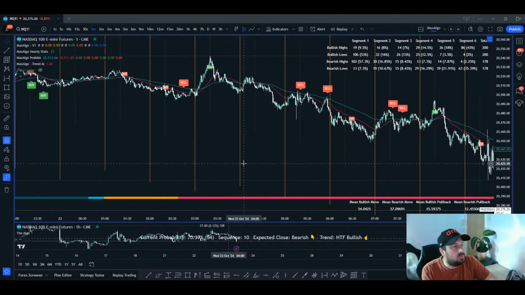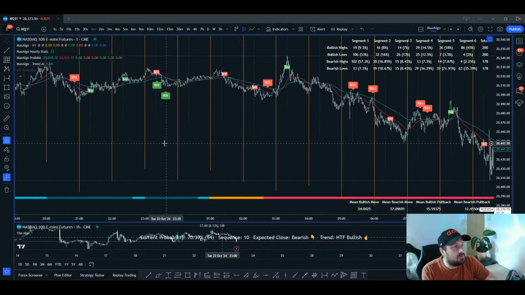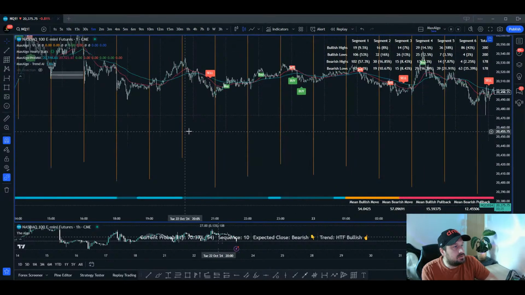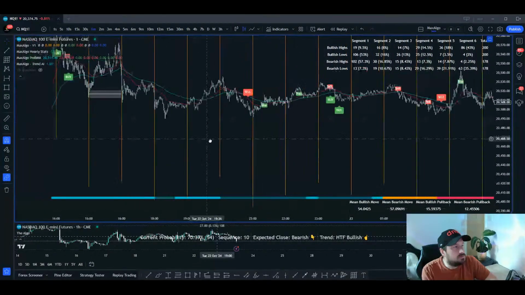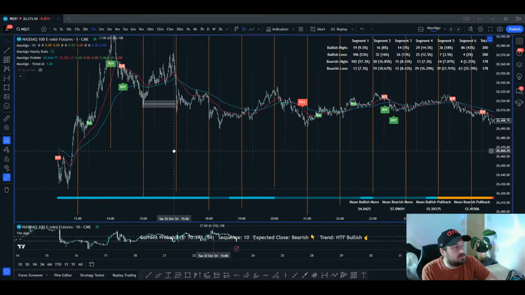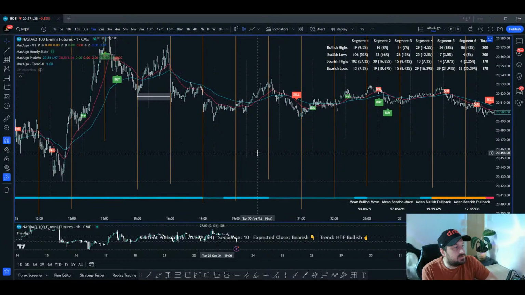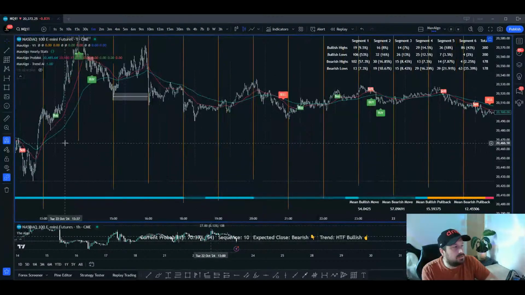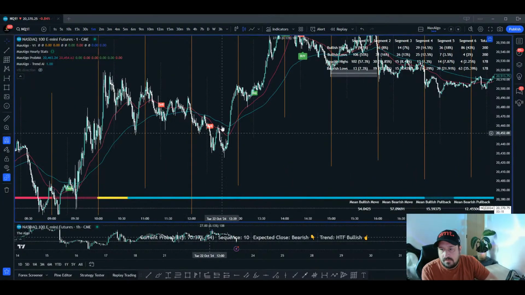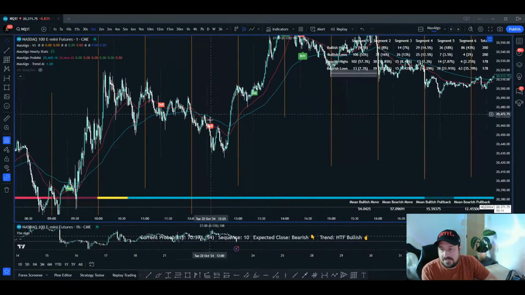Obviously, these don't happen all the time. Very strong moves. Right, well, this is a strong move at the end, but here in this hour, this was the sequence 3, so there was a 70% probability of this being bullish, right?